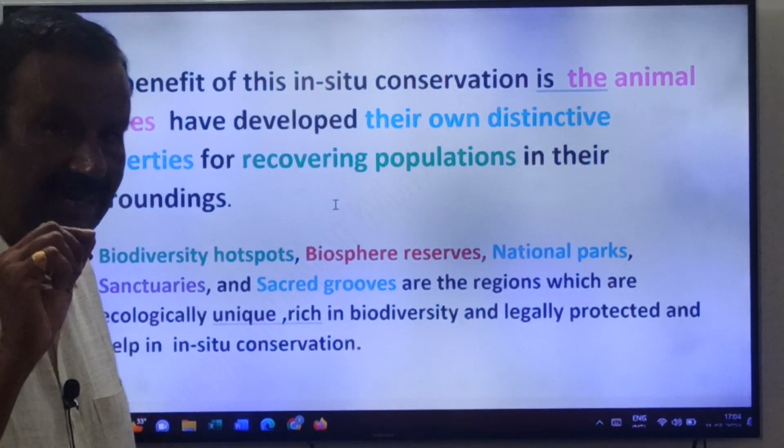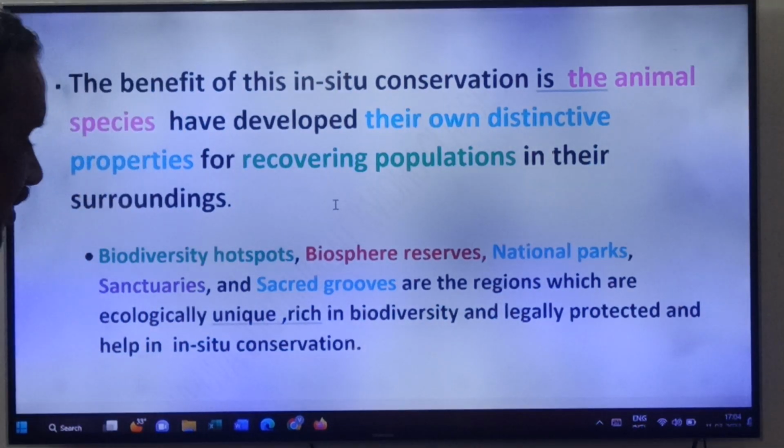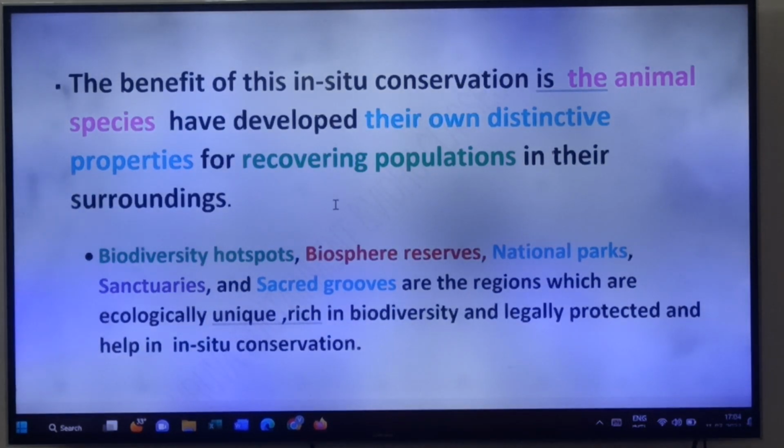These are the regions which are ecologically unique. They have special characters, they are ecologically unique, and they are rich in biodiversity. They are legally protected and help in in situ conservation.